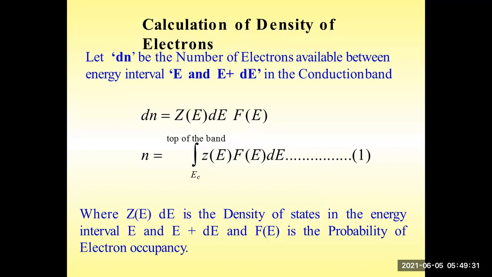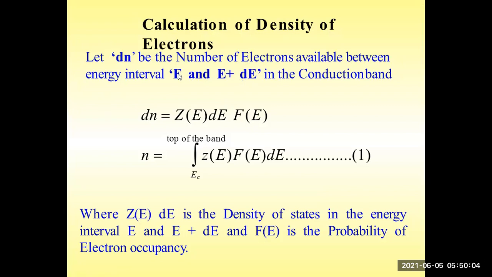In today's topic, we just have a very quick idea of what the carrier concentration of the intrinsic semiconductor is. We start with an assumption: let us consider dn, the number of electrons available in the energy interval E to E plus dE. In the conduction band, there are numerous electrons moving from one region to another.